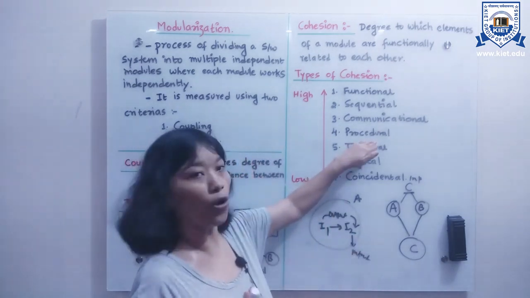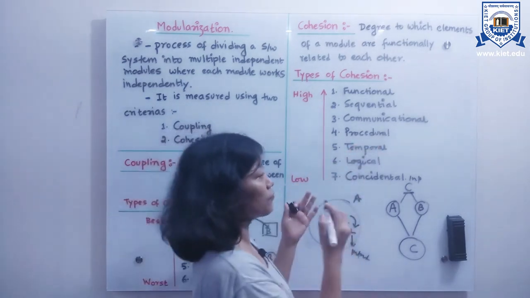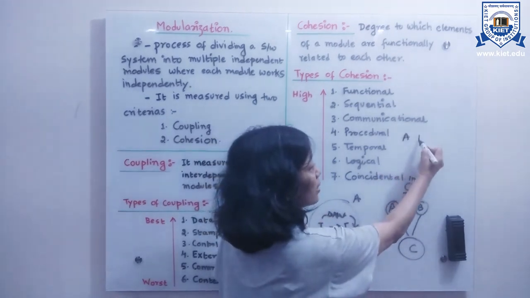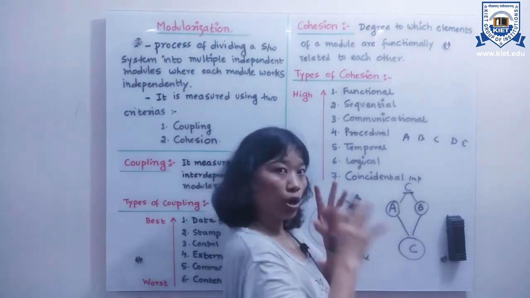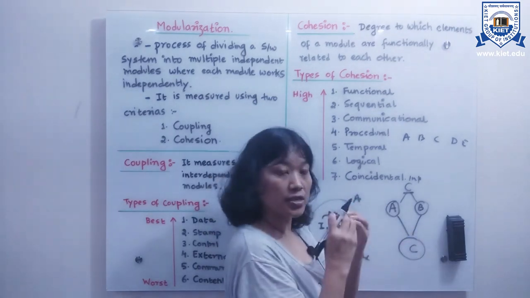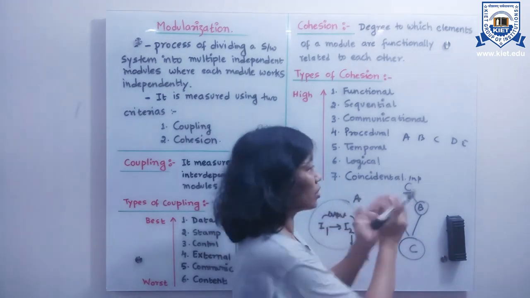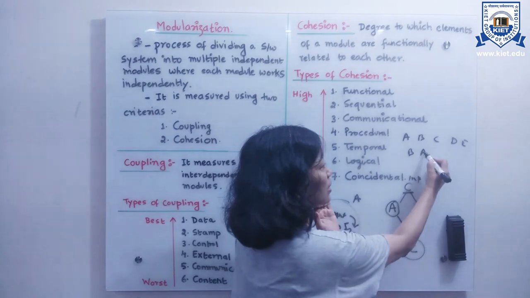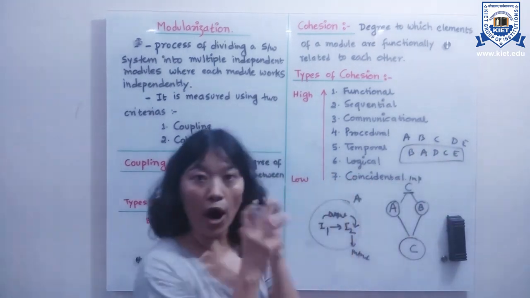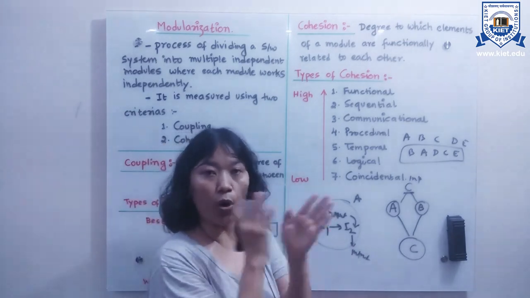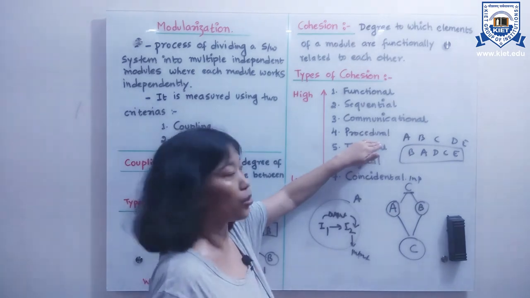For example, if some module has tasks A, B, C, D, E, and they are all different, but the occurrence of these tasks follows some order. For example, B first, then A, then D, then C, then E. If they need to follow such a particular order, then there is procedural cohesion.